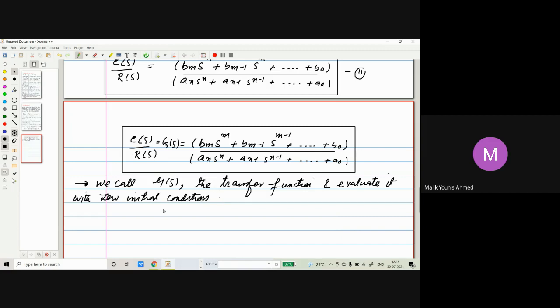So we can write C of S is equal to R of S into G of S. G of S is the transfer function, R of S is the input, and C of S is the output or response. You have to remember this expression.